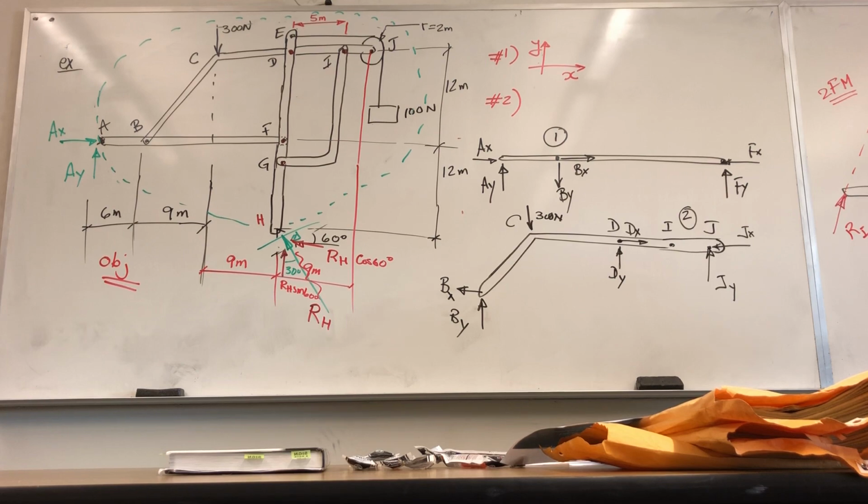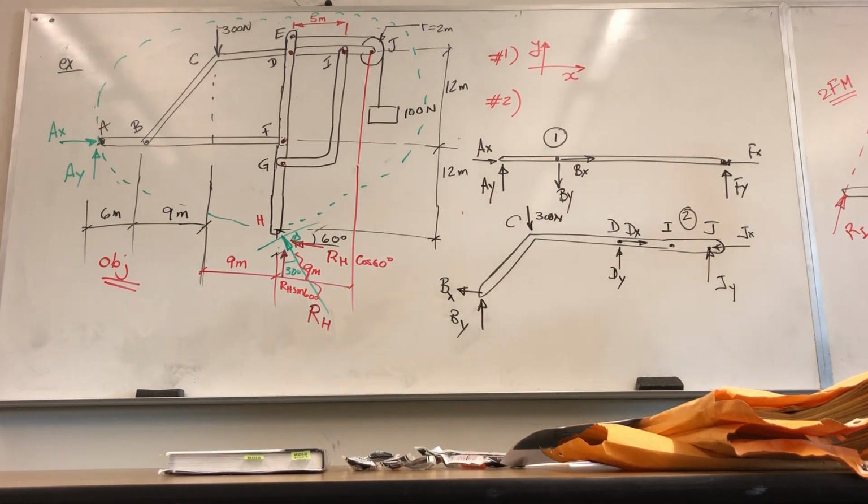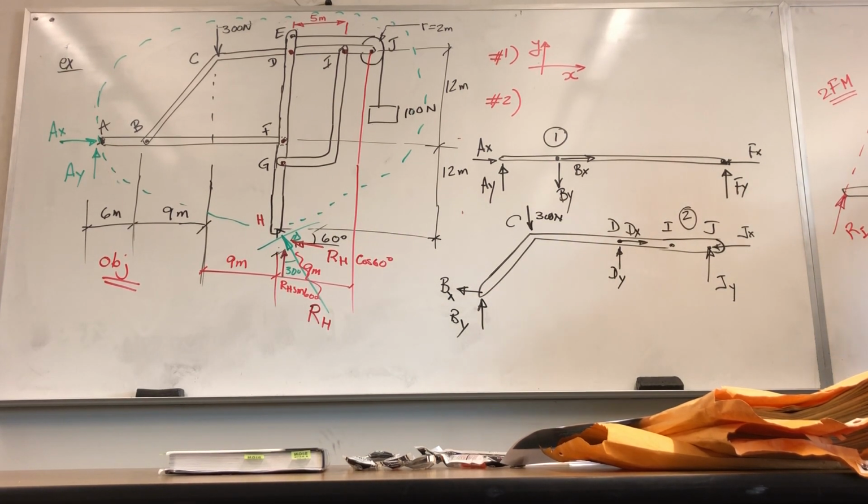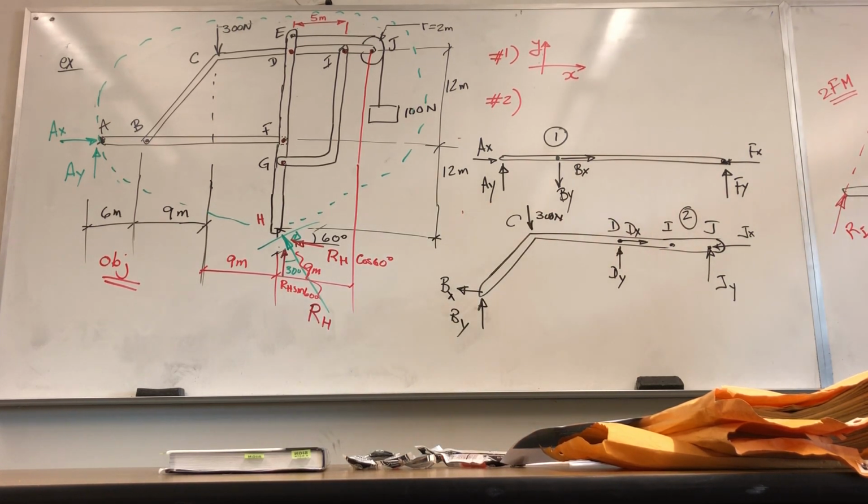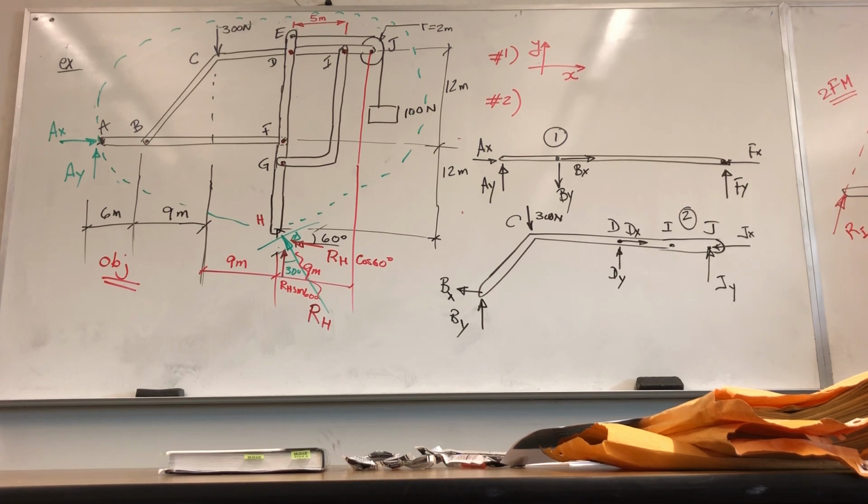Okay? I have member EDFG now. At E, I have just a cable attached, so we know this only represents one unknown. At I, right?